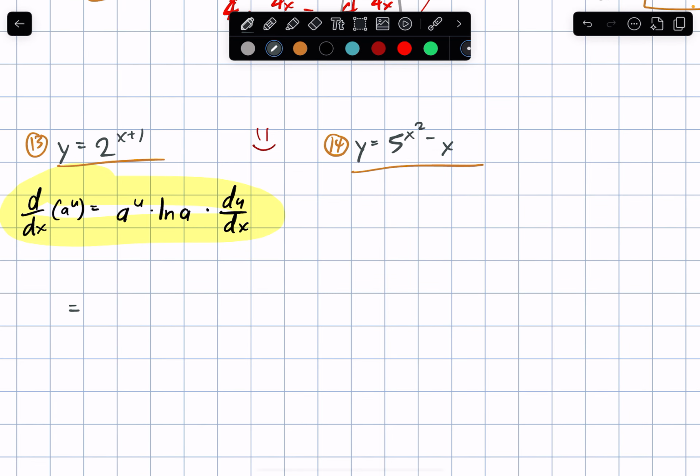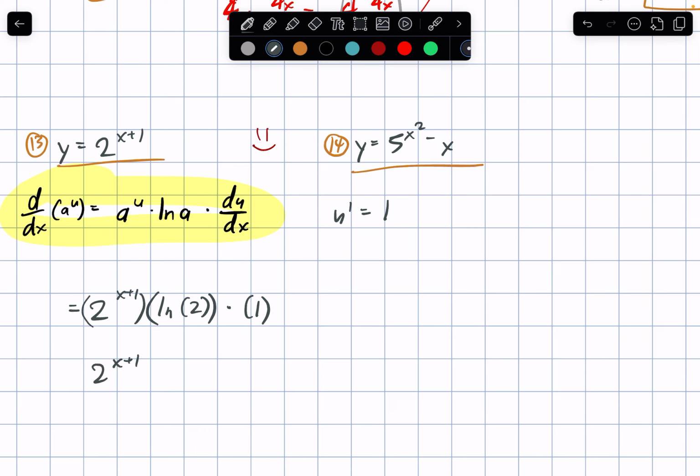So A is 2. Okay, just copy. ln A times the derivative of U. That's gonna be 1 because the derivative of x plus 1 is 1.